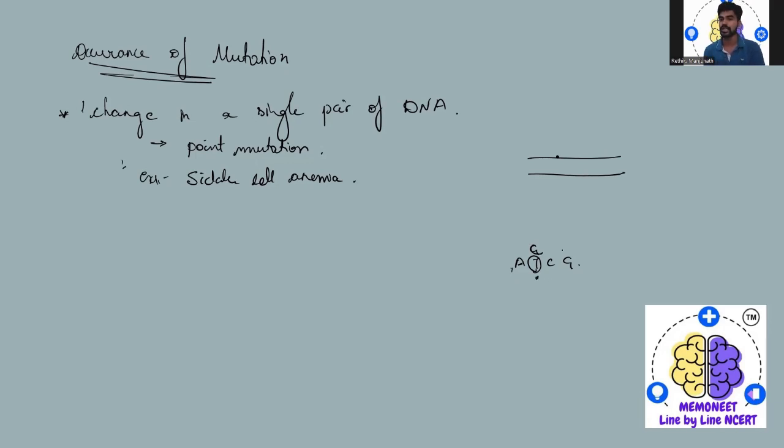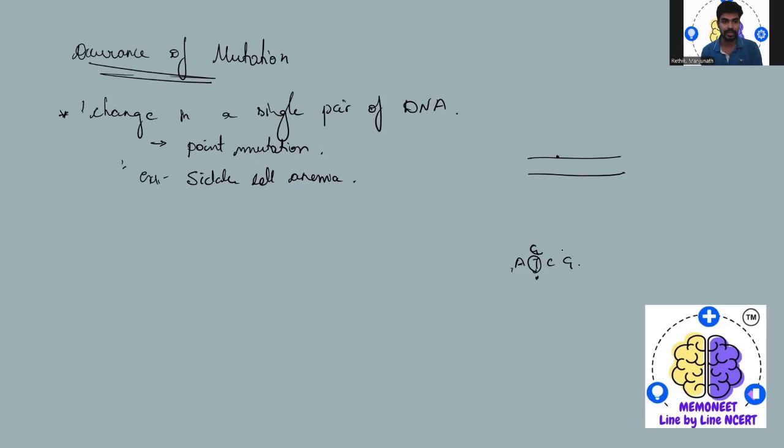Since only one specific point of the DNA has been changed, it is called a point mutation. In detail, we will cover it when we deal with molecular biology. An example is sickle cell anemia.